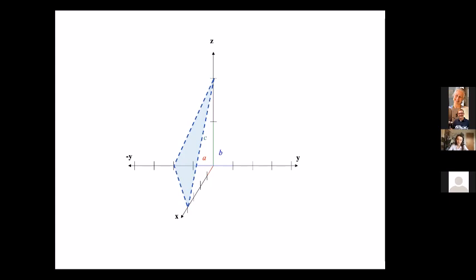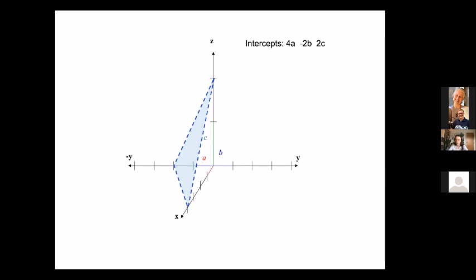And then last, can anyone tell me how many units of C in the z direction? Seems like 2 again. Correct. So now that we have the intercepts, the next step is to invert those intercepts.